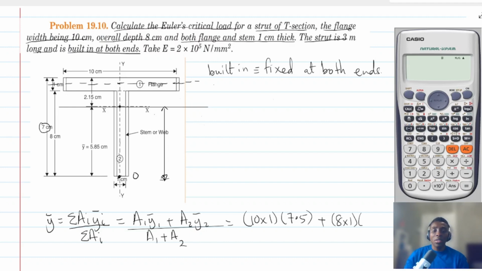So what do you think? It's going to be halfway, but I want us to look at it in this sense. The area 2 is actually this here.